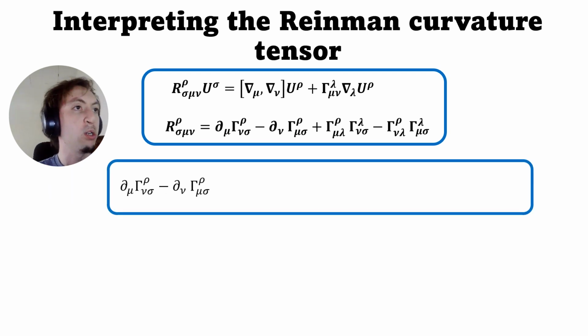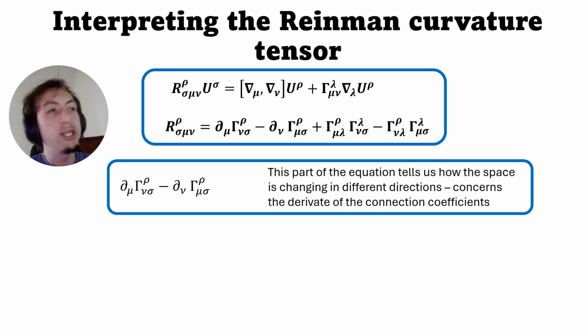So if we look at the first pair of terms, we can see it's the partial derivative of our Christoffel symbols, but importantly, allowing for the fact that this partial derivative could be in a different spatial direction to the change in the basis vectors that the Christoffel symbols are describing, because we have a different index for the partial derivative than we do in the Christoffel symbol that it is next to.